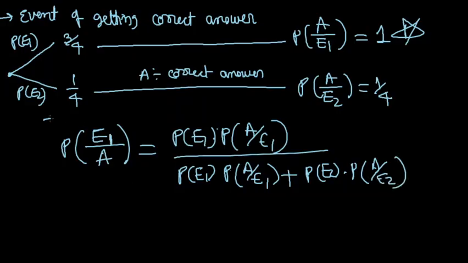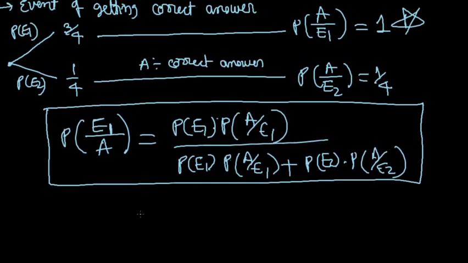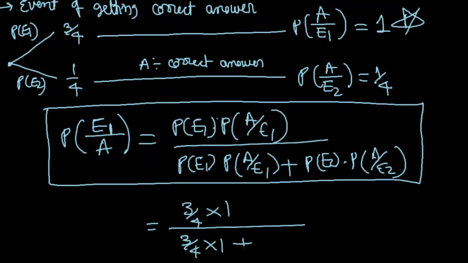So 3 by 4 into 1 divided by 3 by 4 into 1 plus 1 by 4 into 1 by 4.